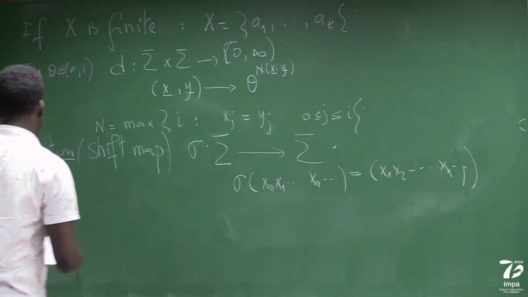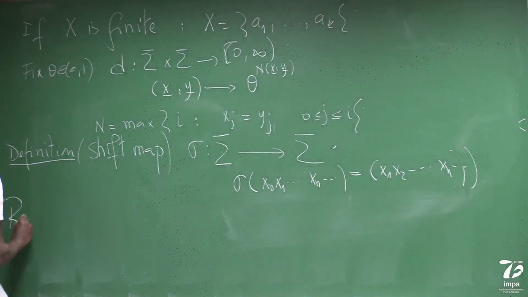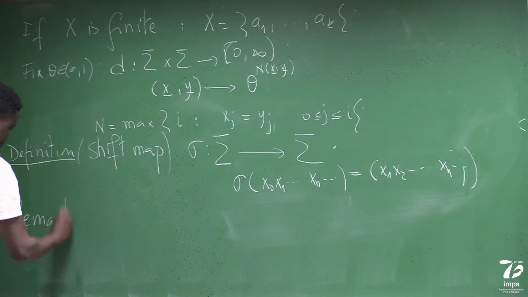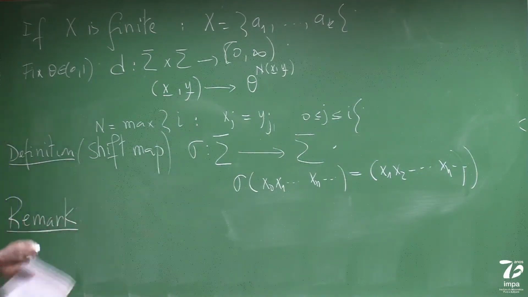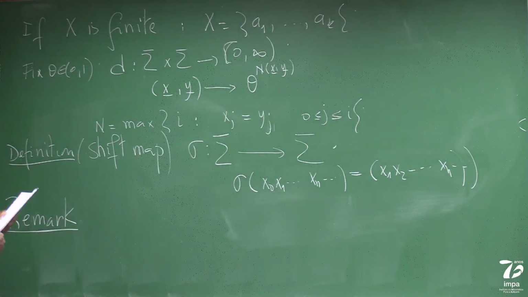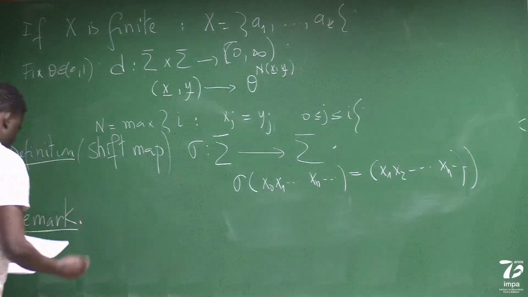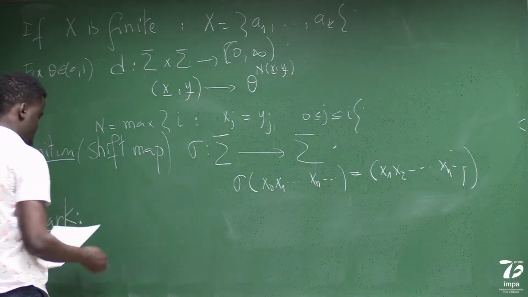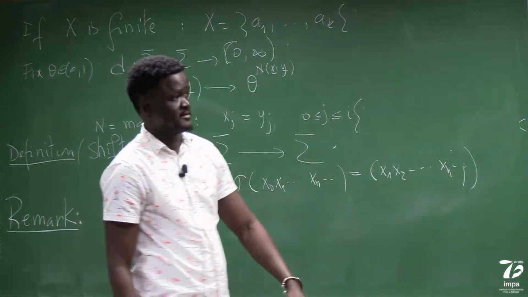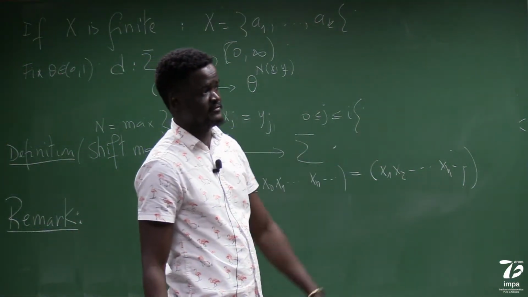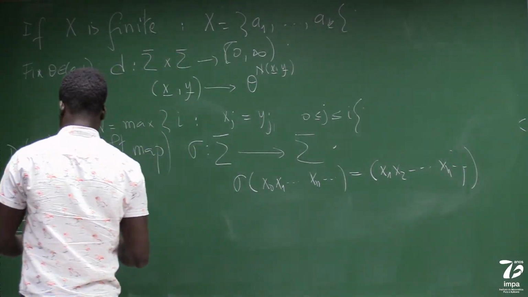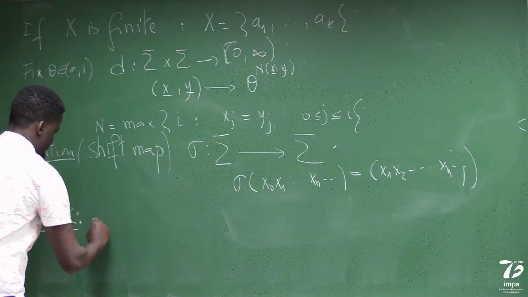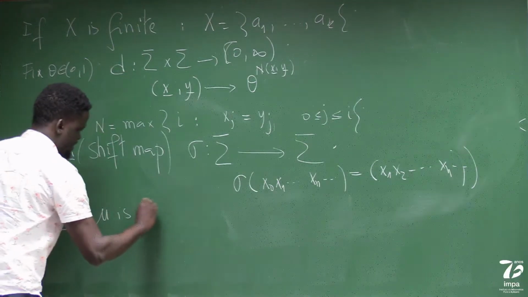Why is this simple? There is this remark on why this dynamics is so easy to study when you have finitely many symbols: this measure is invariant. The measure that we defined there is invariant. So, remark: mu is sigma invariant.